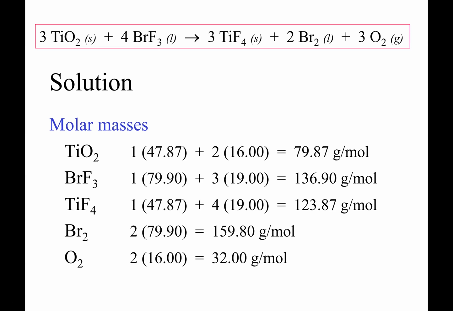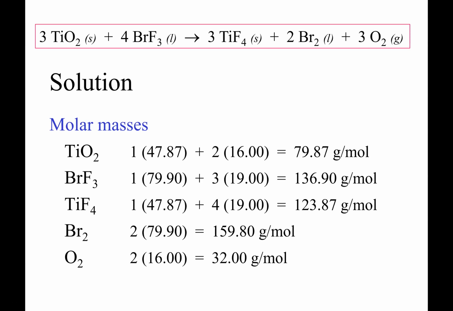So you can actually use that. Right, so TiO2.